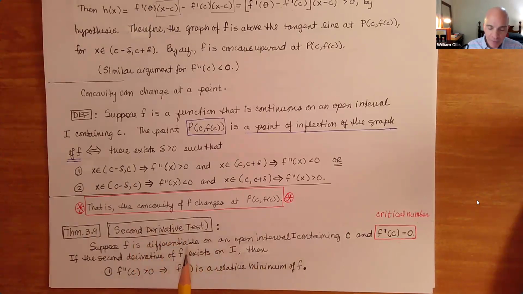Now we see that as long as we have a point on the graph of the function where we have continuity, we can talk about a point of inflection. Now, of course, when you think about it, we can have infinite discontinuities, right? We can have vertical asymptotes. We can have infinite derivatives where we have a vertical tangent line.